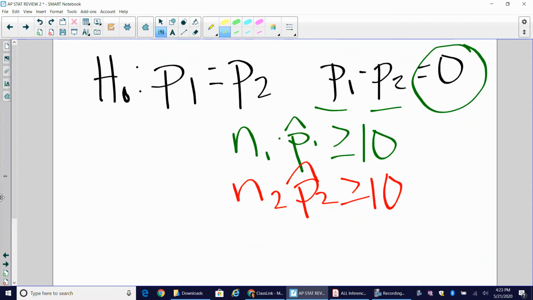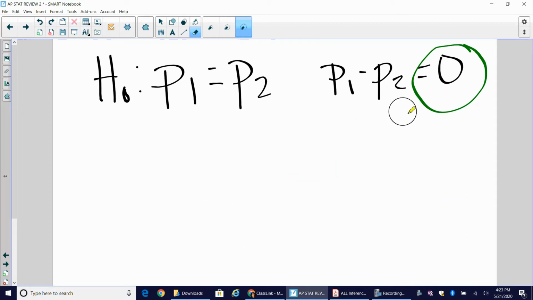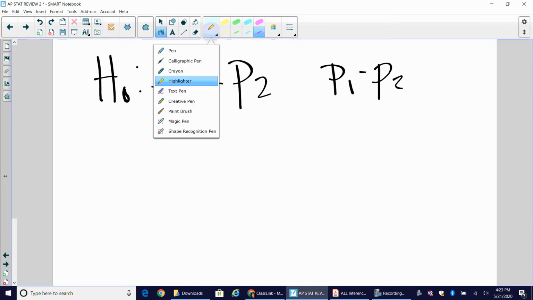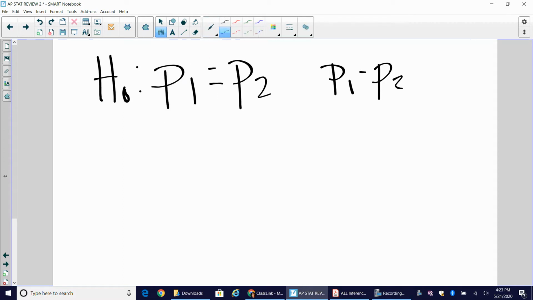All right, with that, let me talk about why we have to check with both samples and when we use p and when we use p hat. Okay, so let me go over what's written here and why it's written here. In a hypothesis test, we make this claim that p1 is equal to p2, or p1 minus p2 equals 0.